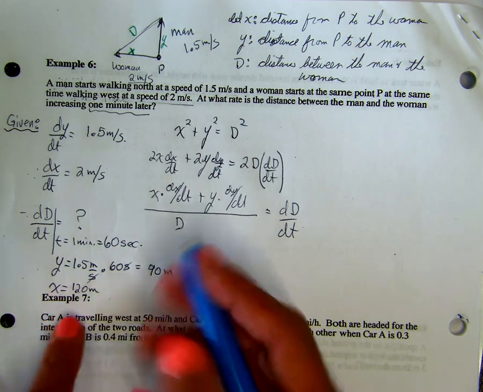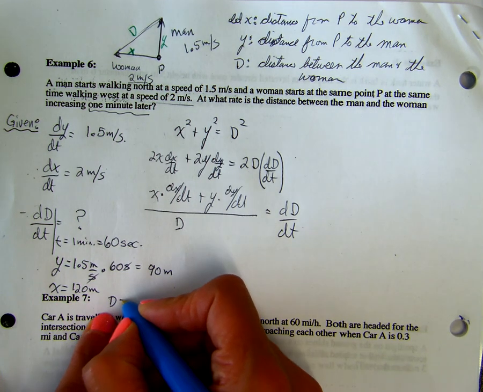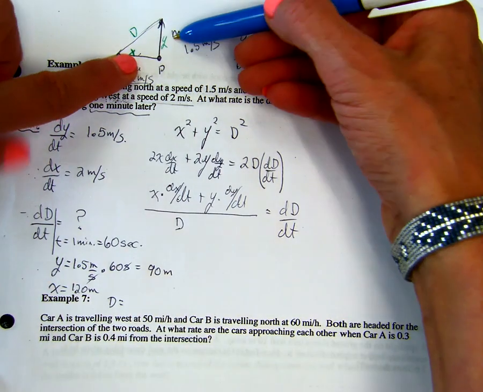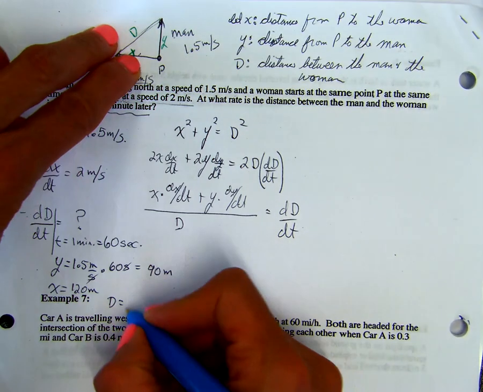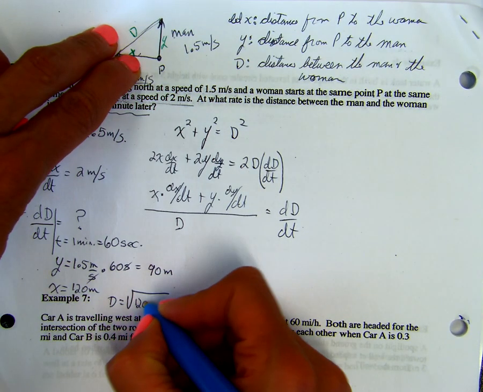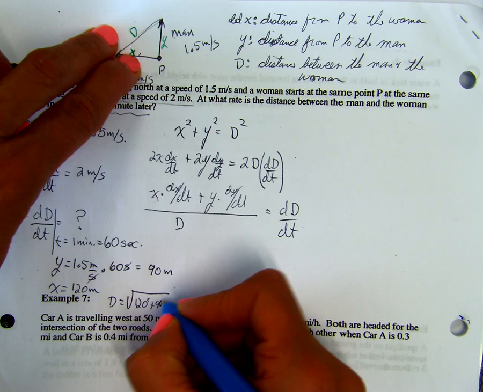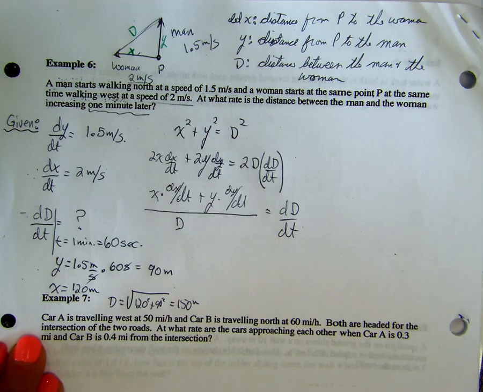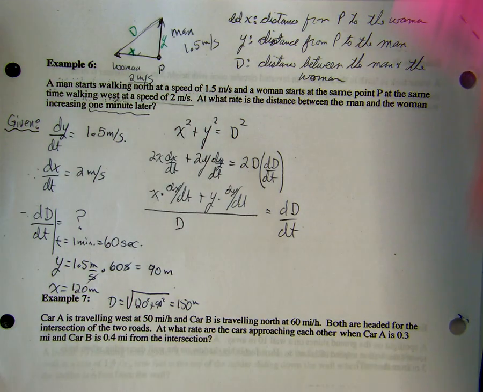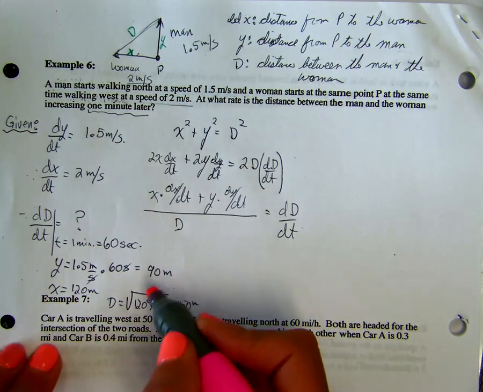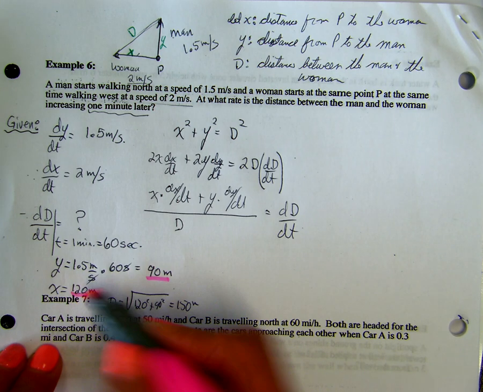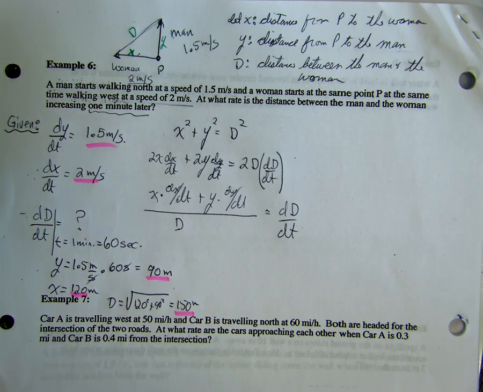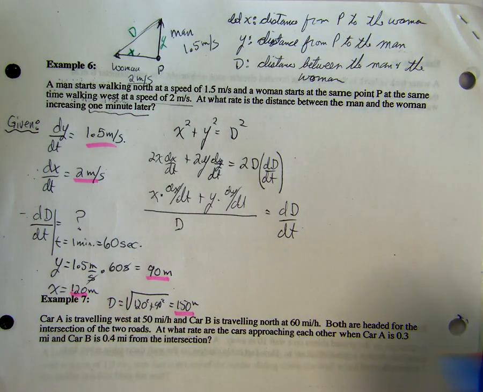So I've got x and y. What's d? Pythagoras. Once again, if x is 120 and y is 90, then d would be the square root of 120 squared plus 90 squared, which would give me 150 meters. Okay, so now we're going to take this information, the 90, the 120, the 150, the 2, the 1.5, and we're going to carefully plug it in where it belongs.